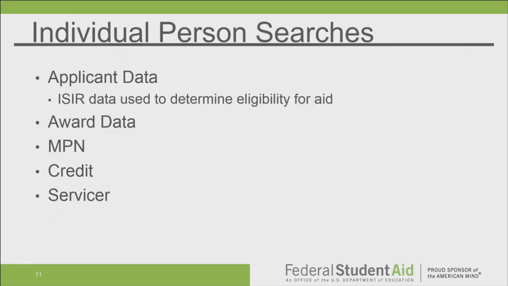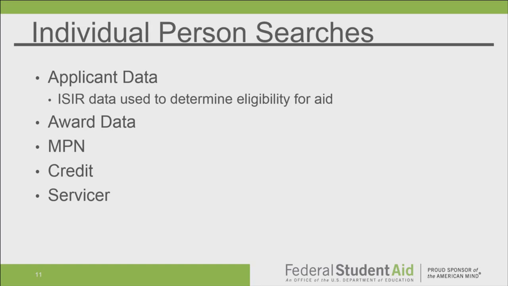Let's take a look at some information relative to each individual person that you're dealing with in COD. We can get a lot of information from those individual screens. Applicant data is virtually the same information that is on the Institutional Student Information Record or the ISIR, the Student Aid Report, the SAR.